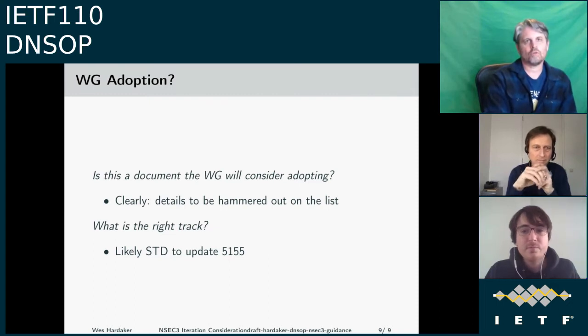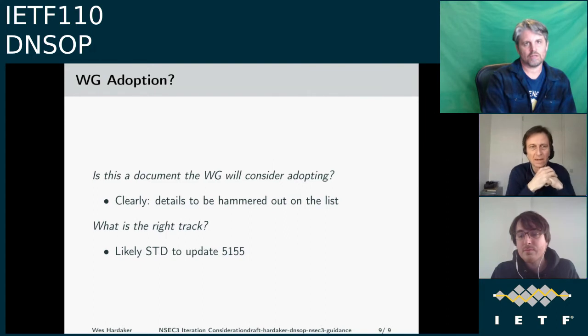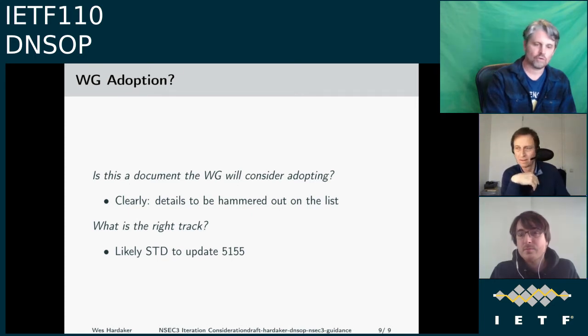Well, if you are adding new names, or if you have a highly dynamic zone where you're adding and removing names on a regular basis, then the salt forces more computation as people move from one set of dictionaries or zone data to attack to the next one. They can't just keep reusing the same thing, and they end up having to recalculate a bunch of names.